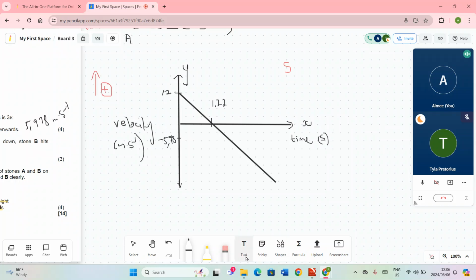And that is where your B graph is going to start. And that's it. That's your graph.